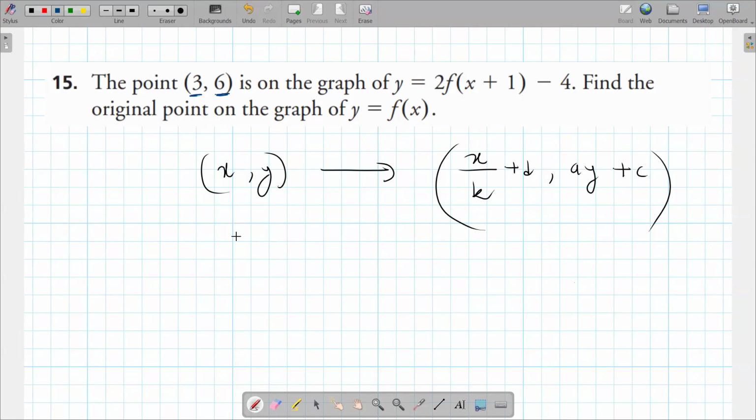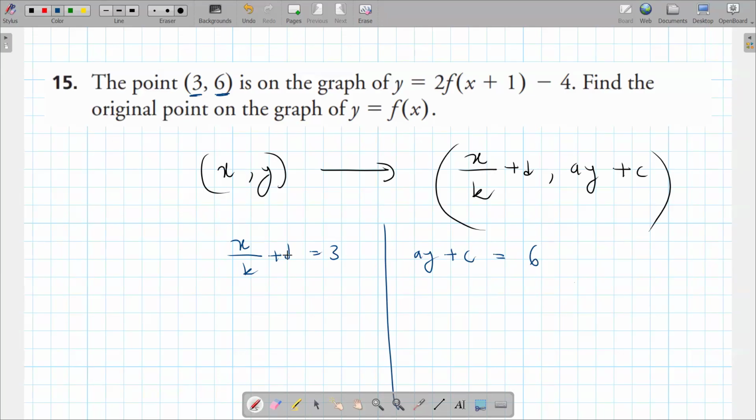Original points or transformed points? They're transformed. So that's not x, okay? So x over k plus d is actually 3. Ay plus c is actually 6. After we've transformed them, that's the points we got.